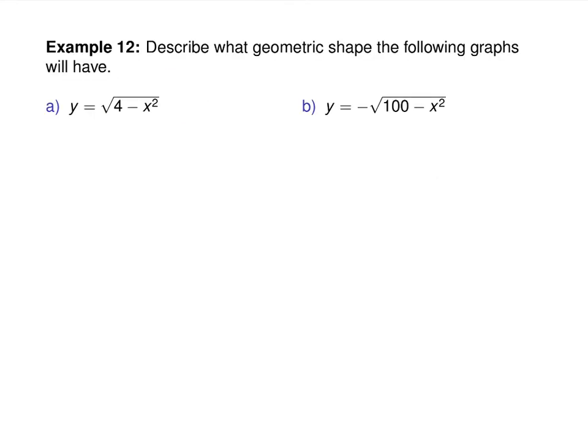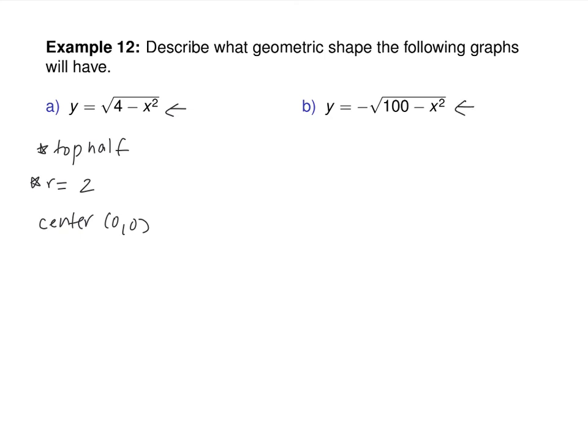So look at the next ones. Tell me, is it the top or bottom half, and what's the radius of the circle? It's like this one. Would it be top half or bottom half? Top half. And what's the radius? 2. And its center is at 0, 0. The only ones I can think of that come up in calculus are like this, centered at 0, 0.